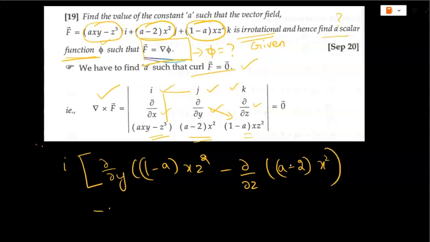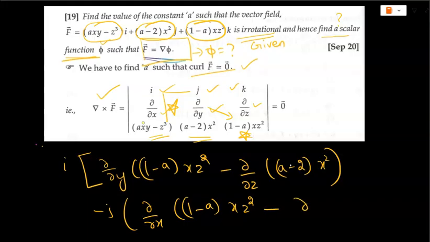Similarly, minus j into, leave the j row and j column, so we will have del by del x of 1 minus a into xz square minus del by del z of axy minus z cube.